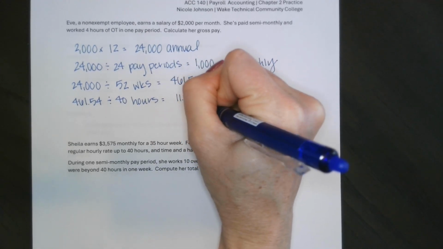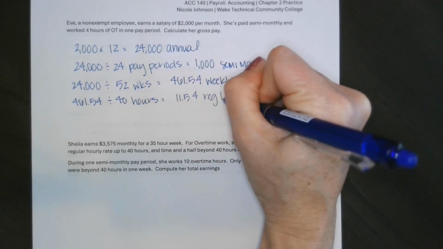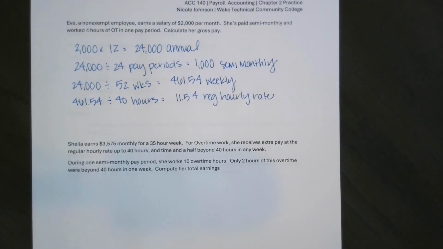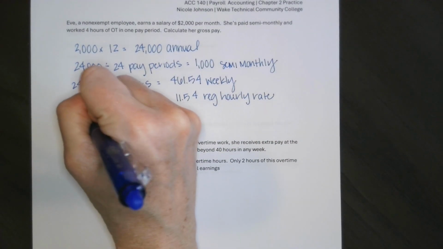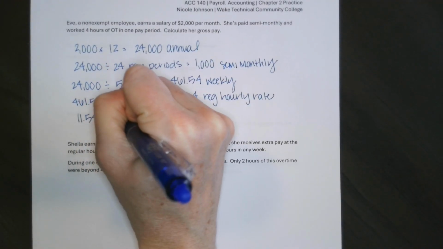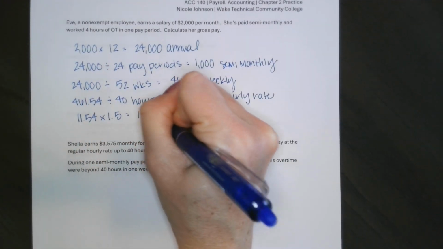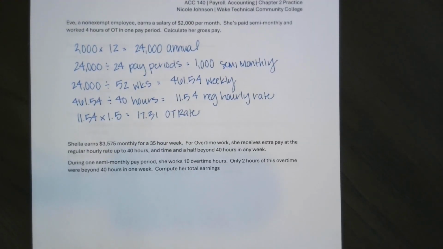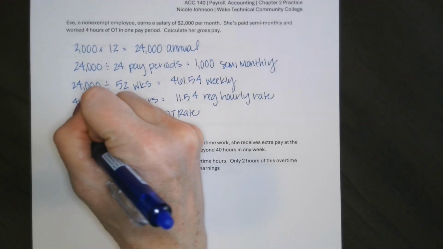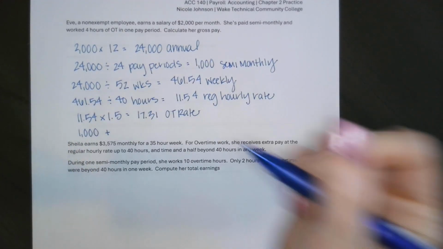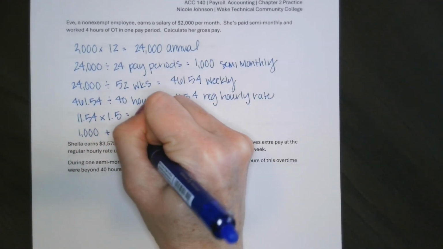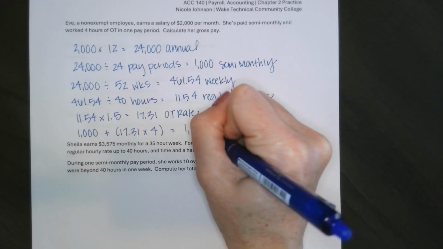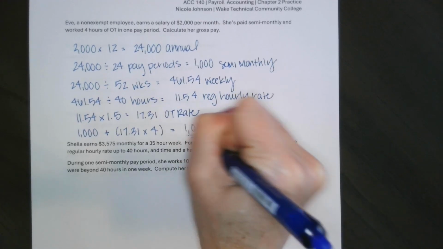That will give us $11.54 as the regular hourly rate. To get the overtime rate, we'll take that $11.54 times 1.5, get $17.31 overtime rate. To determine her gross pay, we'll take the $1,000 that she earns semi-monthly plus $17.31 times 4 hours of overtime. We will get $1,069.24.